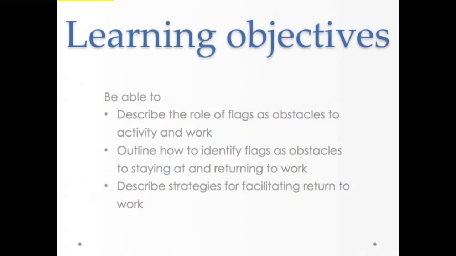This three-part podcast has three learning objectives. At the end of it, you should be able to describe the role of flags as obstacles to activity and work, outline how to identify flags as obstacles to staying at and returning to work, and describe strategies for facilitating return to work.